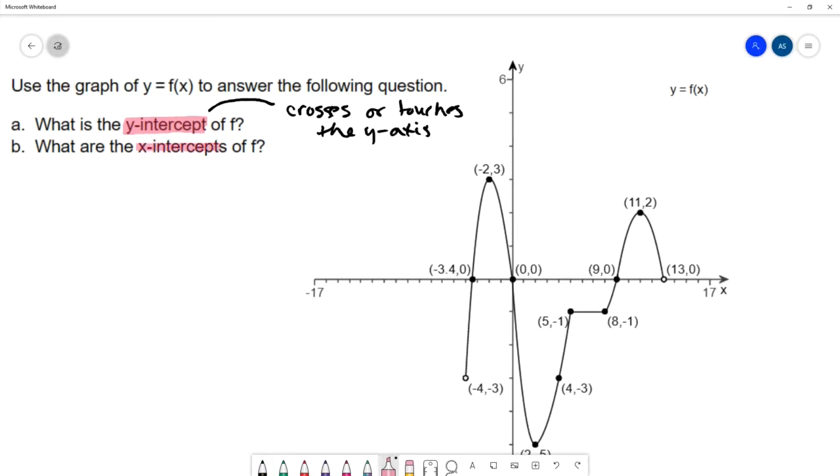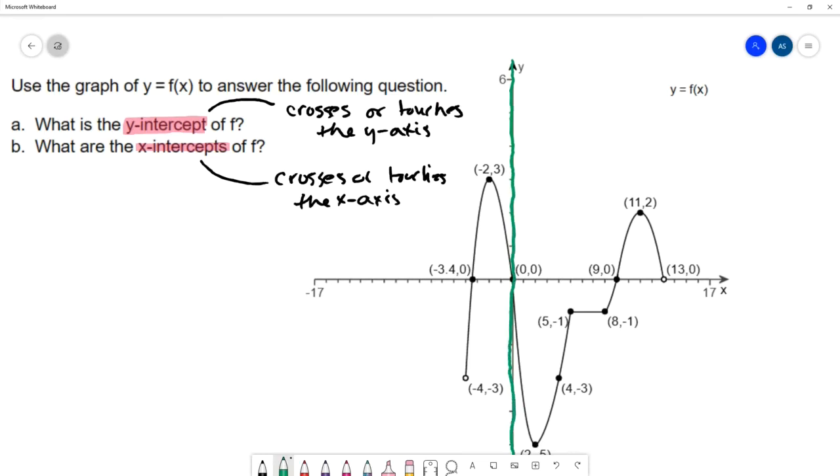An x-intercept is where the graph crosses or touches the x-axis. Okay, so let's start by looking at the y-intercepts. So the y-axis is this vertical line here.